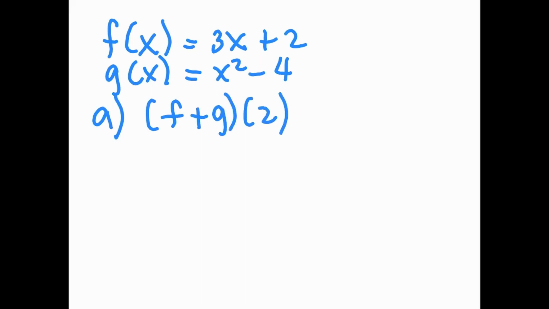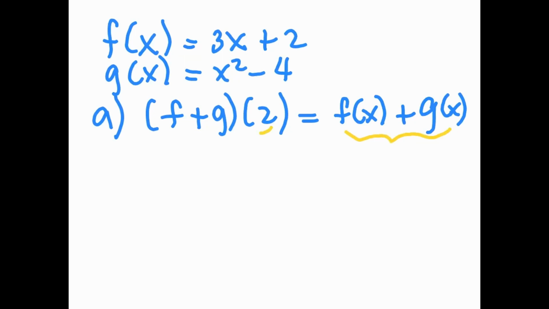Well, there are two methods to do this one. We can first find the sum of the functions f of x and g of x. After some simplifications, that will then be the time you will be evaluating this sum at x equals 2.